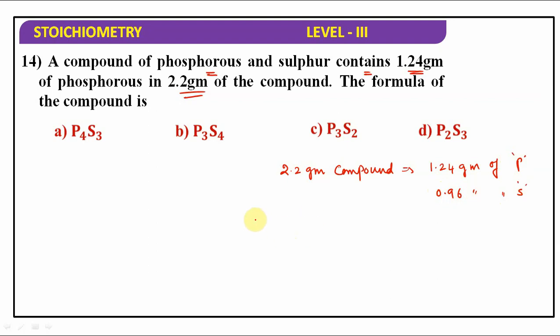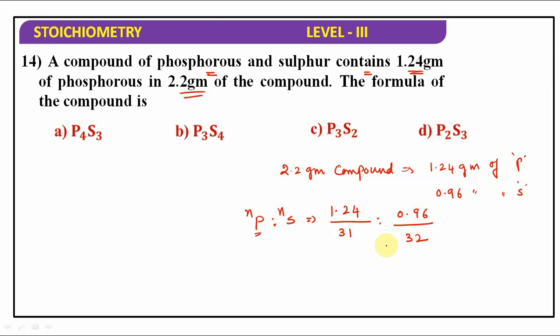But for the formula, I have to find the number of moles of phosphorus and the number of moles of sulfur. Moles is mass upon molar mass. What is the mass of phosphorus? 1.24 divided by atomic weight 31. Similarly, 0.96 upon sulfur, which is 32.